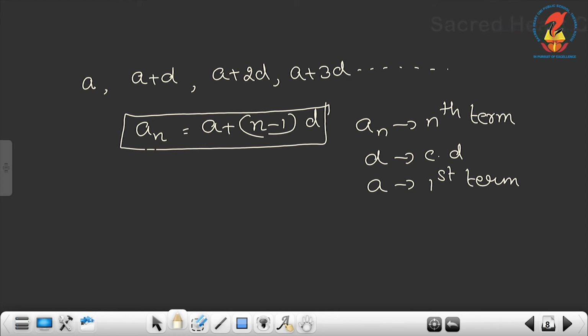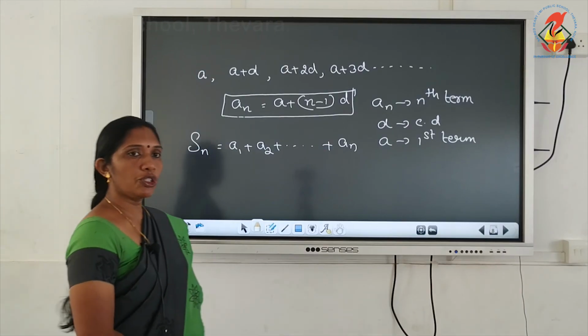Now, the sum to n terms of an AP. So, the notation is Sn. First term is, let me write like this, A1 plus A2 plus etc. plus An. The sum to n terms of an AP. Then we have two formulas.